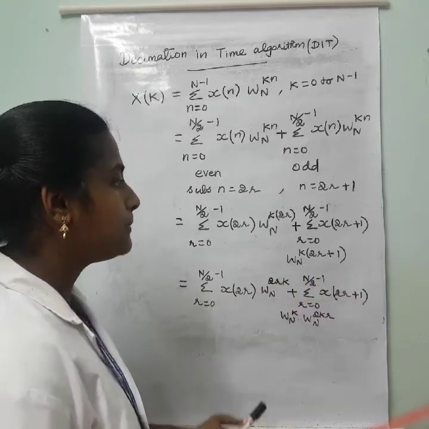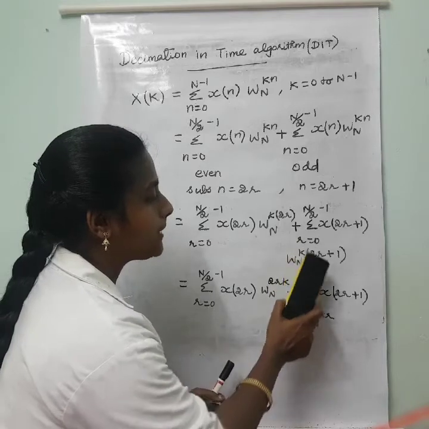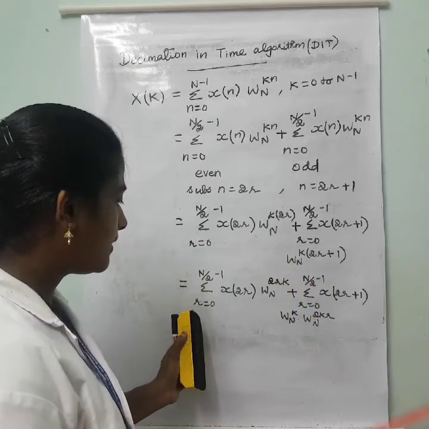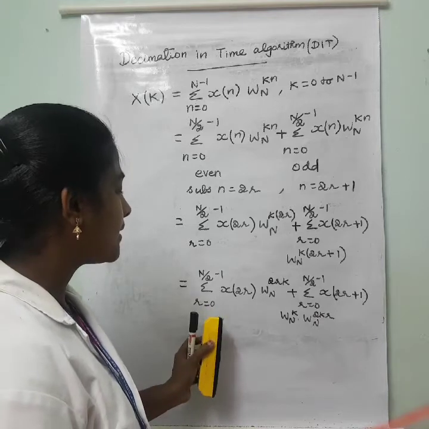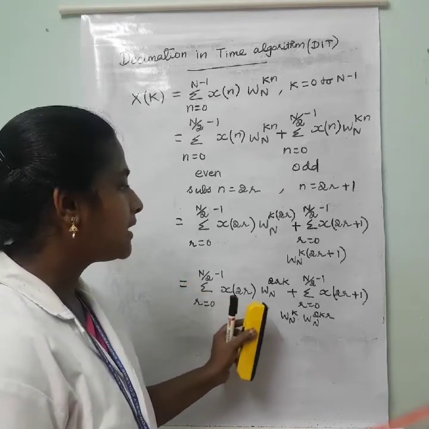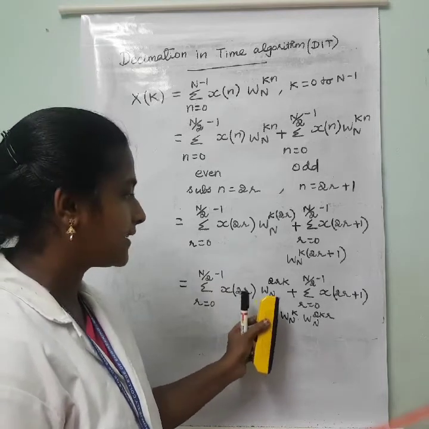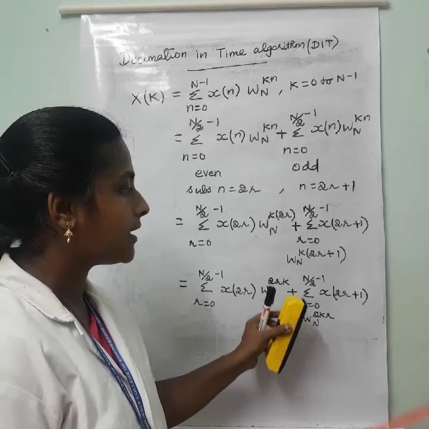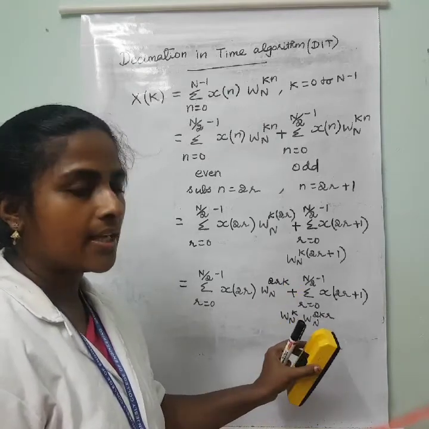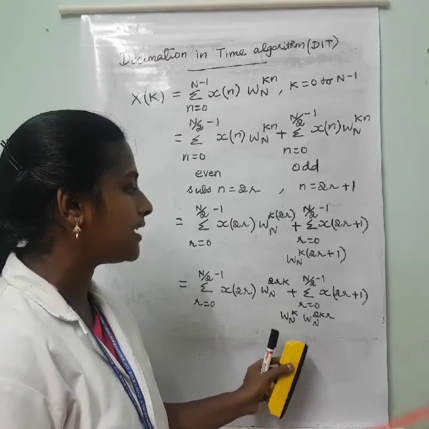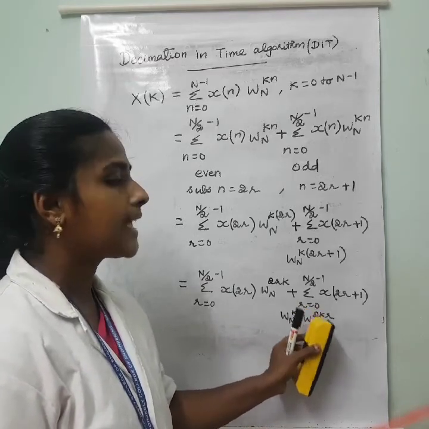In the next step, you multiply this W_N power k inside. So you will get summation r is equal to 0 to N by 2 minus 1 of x of 2r into W_N power 2rk plus summation r is equal to 0 to N by 2 minus 1 of x of 2r plus 1 into W_N power k into W_N power 2kr.